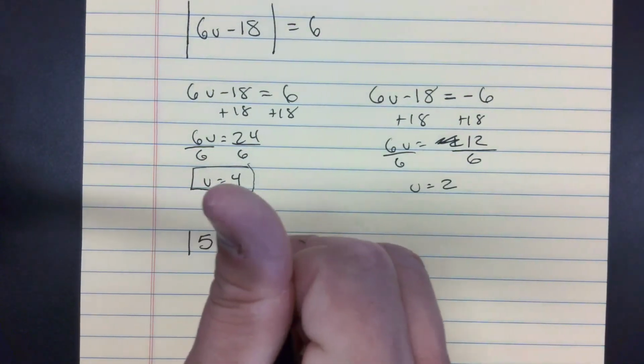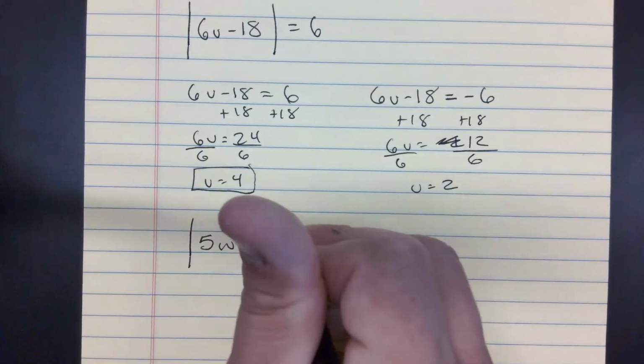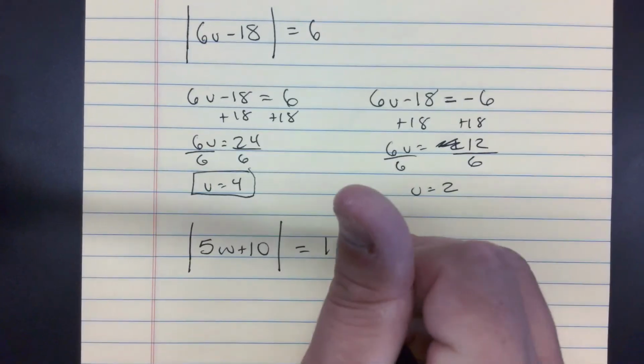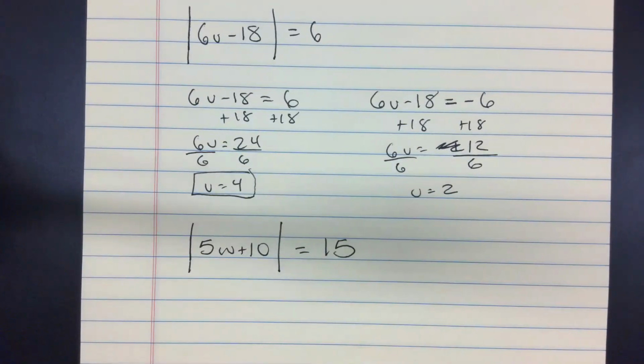Okay, I'm going to have you guys try this one all on your own. The absolute value of 5w plus 10 equals 15. Go. Try that one on your own. See who can get it.